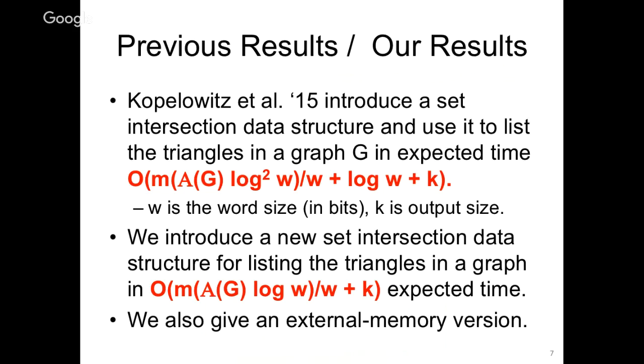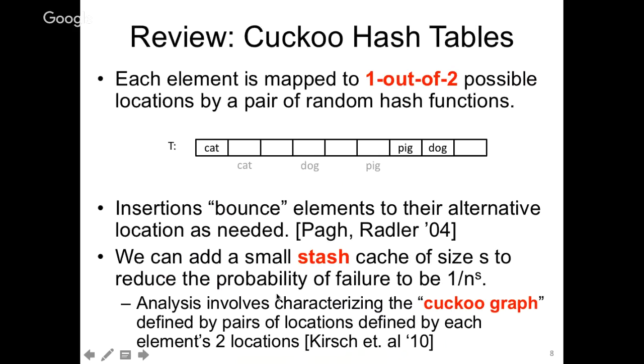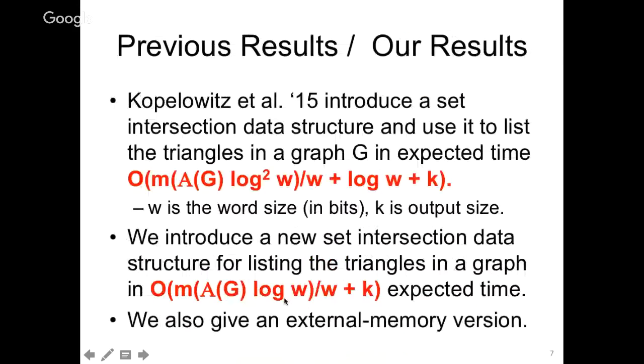And what we're able to show in this paper is that we can improve their bound by a logarithmic factor, get almost what would be the optimal speedup with words of size W and only be a factor of log W off from what would be the optimal speedup over W. In fact, I think this is probably a lower bound, but we're not able to improve that or prove that lower bound. And we also give an external memory algorithm that has a related running time.